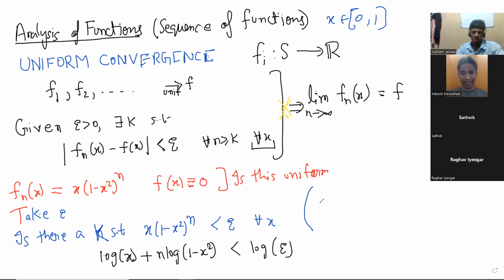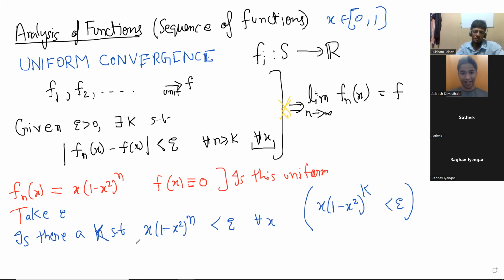You would have noticed this. So we can say that this LHS is less than x times (1 minus x) whole raised to n. So this LHS, I'm just writing here, is less than this.